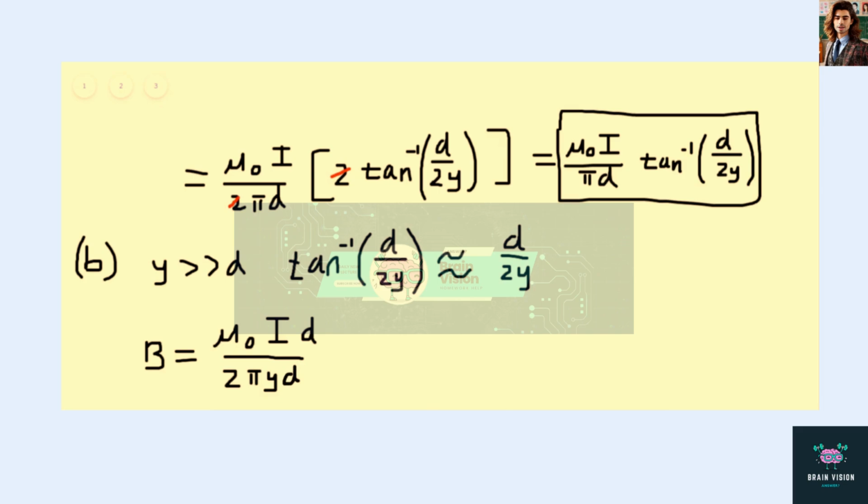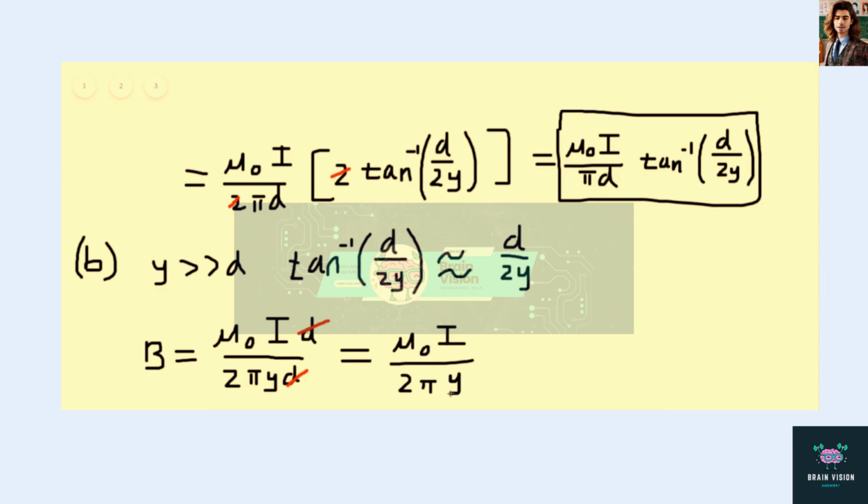Okay, well, we can see that the d's cancel. And what does this leave us with? Well, this leaves us with mu naught I over 2 pi y.